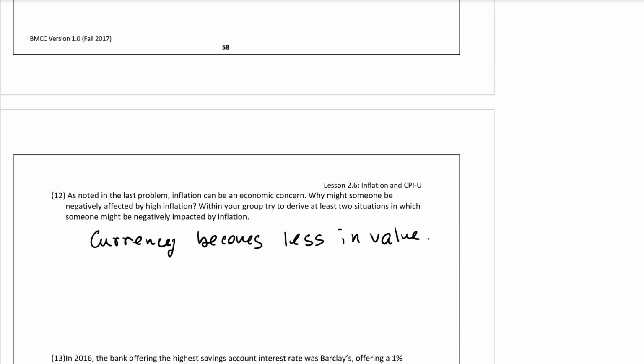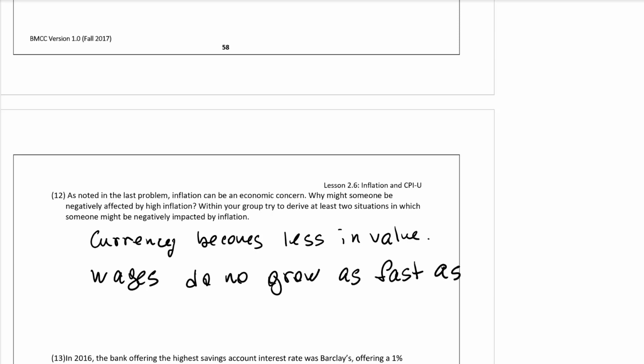The other thing that could happen is that the wages do not grow as fast as inflation. For example, someone can be hired for a fixed salary, and the salary will stay the same for a period of time, while as time goes by, inflation is moving.